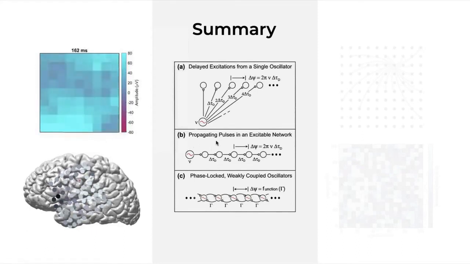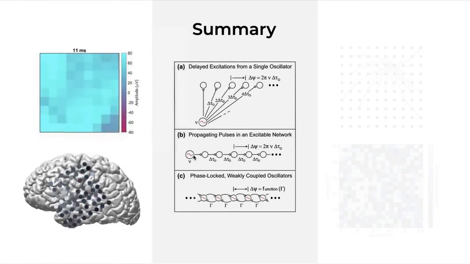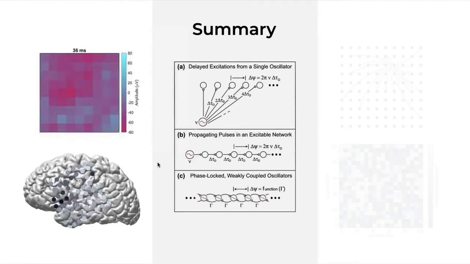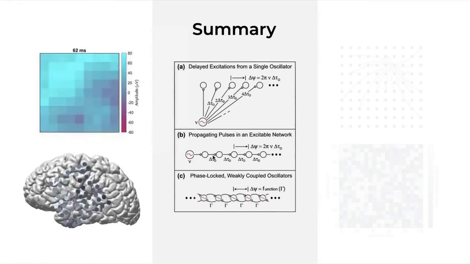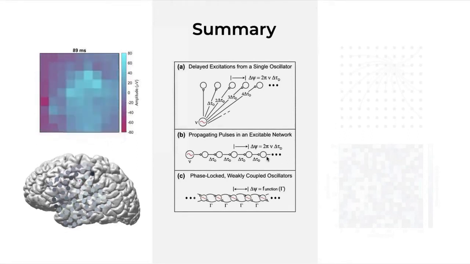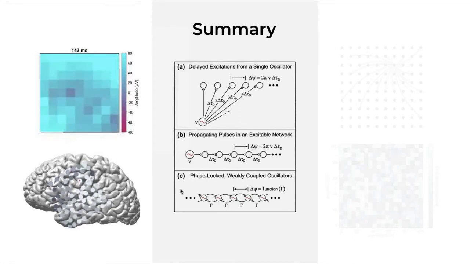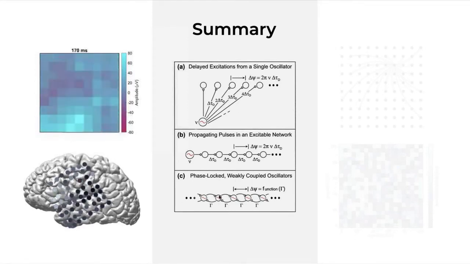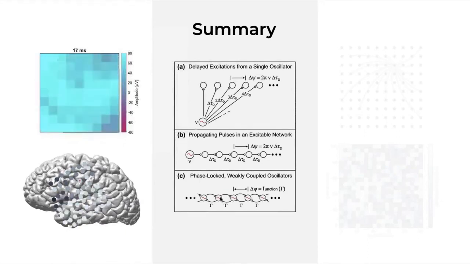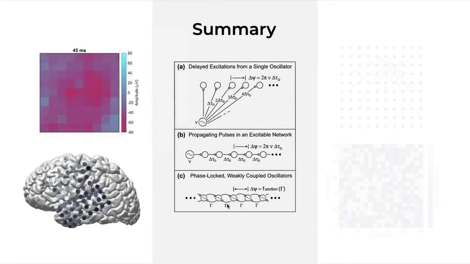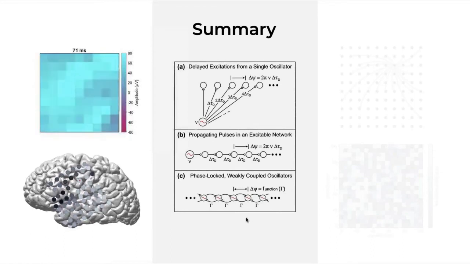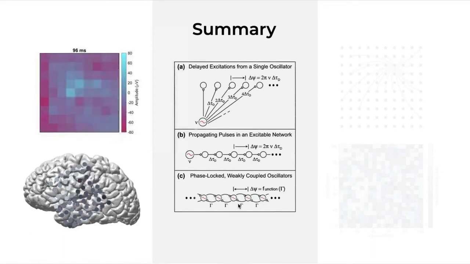Then we have seen another mechanism of propagating pulses in an excitable network that basically propagates in a sort of domino effect through these entities, again via time delays. And the last one, and a very important one, phase locking in weakly coupled oscillators, where each entity is self-oscillating and they affect each other only weakly, so they do not distort their limit cycle, but only influence the timing within the limit cycle.